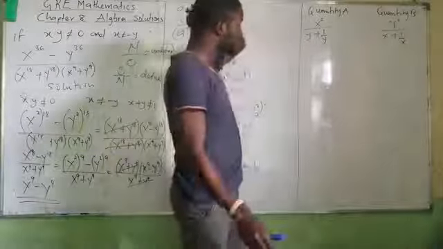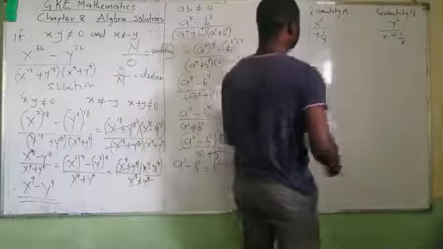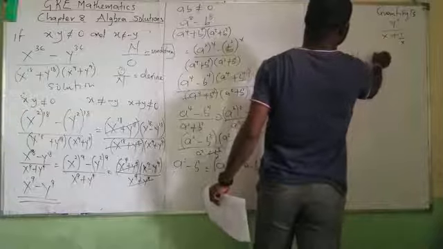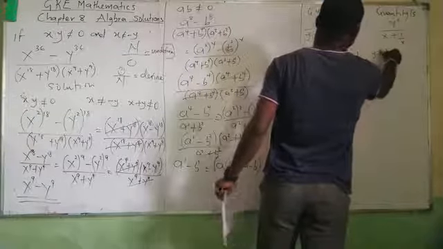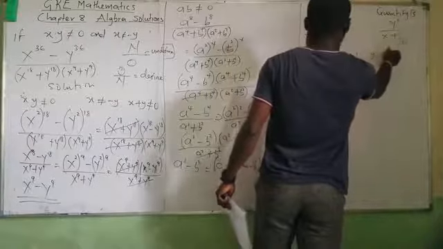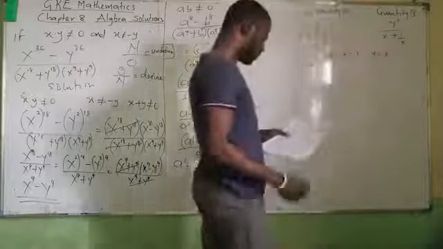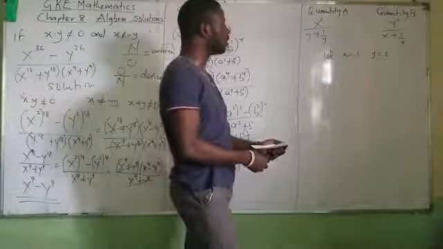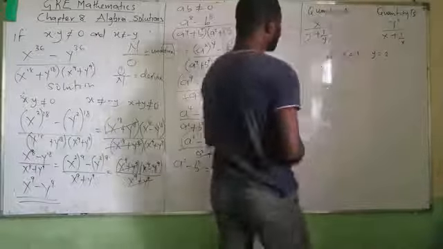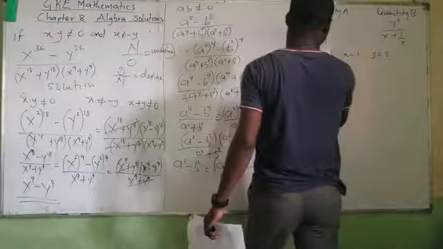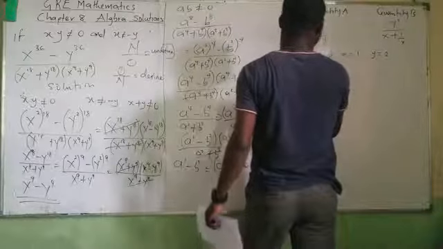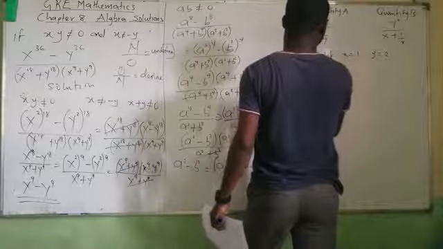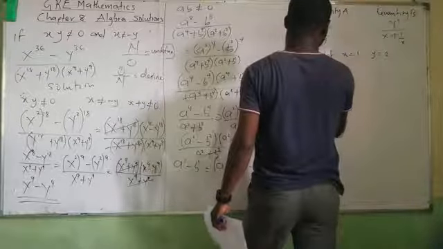If I were you, I can say let x equal 1, y equal to anyhow 2. There's no problem if you do like that. So x equals 1, y equals 2, and I will have 2 squared divided by 1 squared divided by 2 plus 1 all over 2.